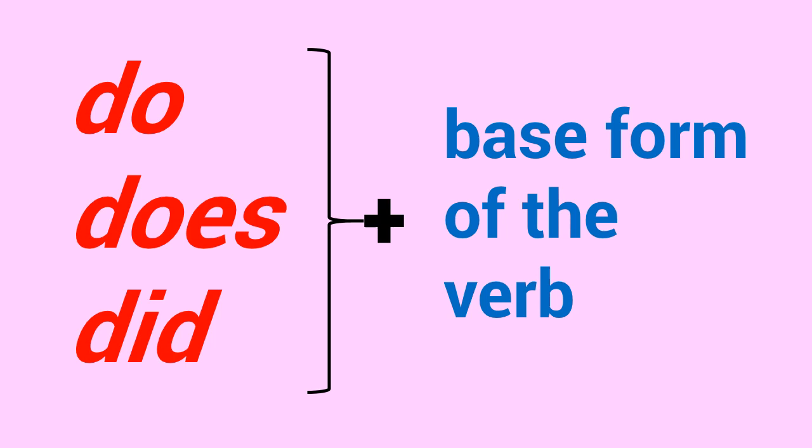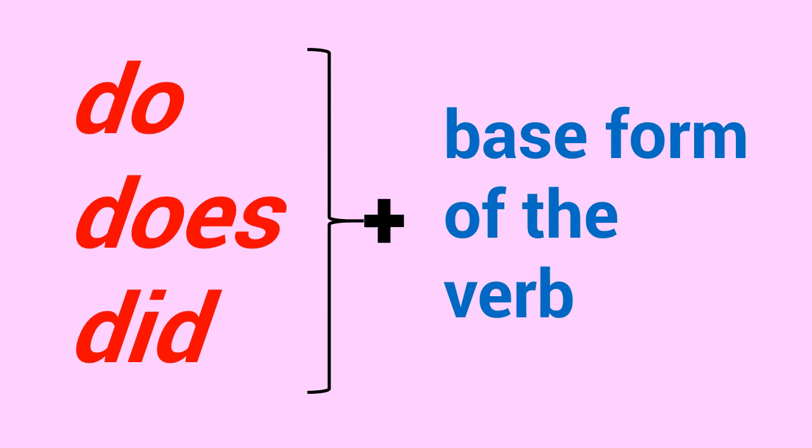When we say the base form of the verb, there are no additional letters to the original form of the verb, meaning they are not inflected. There are no letters added like S or ES or D or ED, or the tense is not changed, meaning the base form is the original form of the verb. So for example, if it's run, it's really run. If it's sing, it's sing.